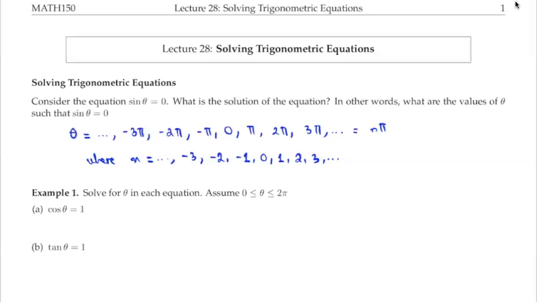Here in lecture 28, we go back to the general idea of the sine function, that the domain is between negative infinity and positive infinity. Therefore, in the case of sine of theta equal to 0, there are infinitely many solutions. So I want to mention that there are infinitely many solutions.